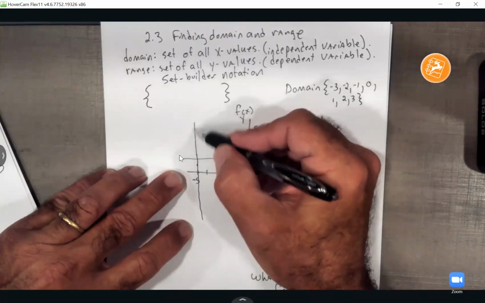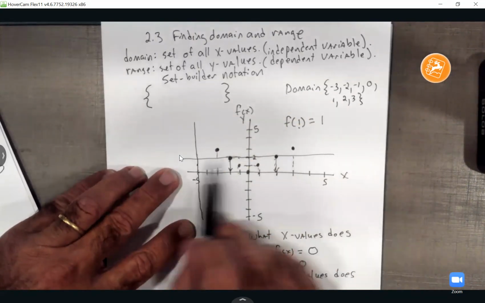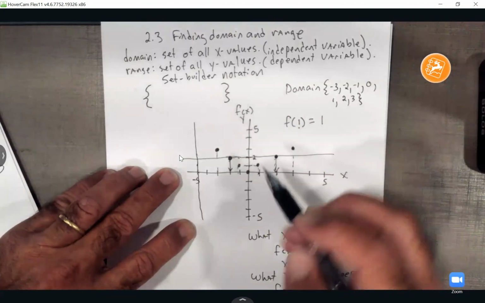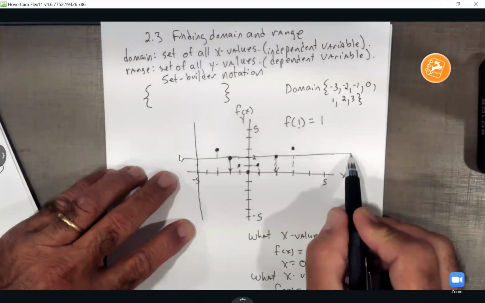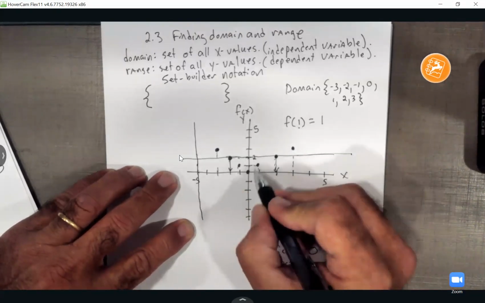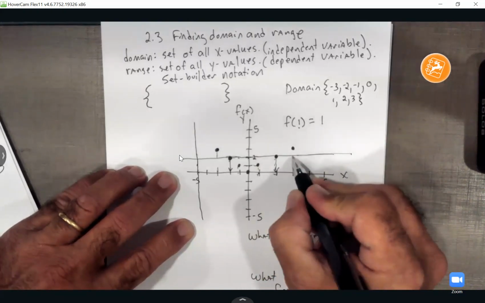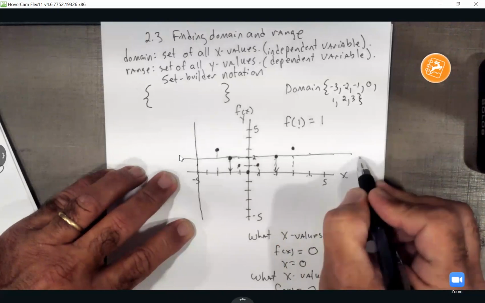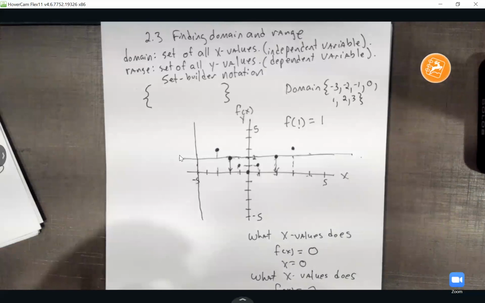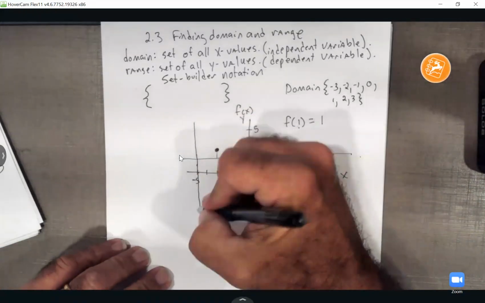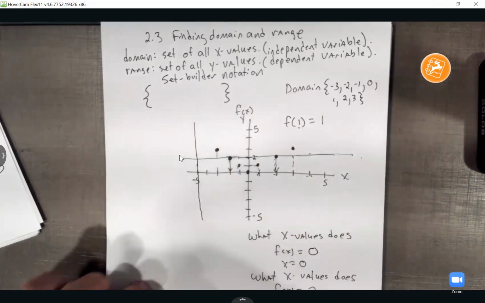So the lines for the X's go straight up and down, while the Y's, although they're on a vertical axis, Y values are horizontal with the same values. So this would be 0, 2, 1, 2, 2, 2, 3, 2, 4, 2, and so on. So anything on a horizontal line has the same Y values. Anything on a vertical line has the same X values, okay?